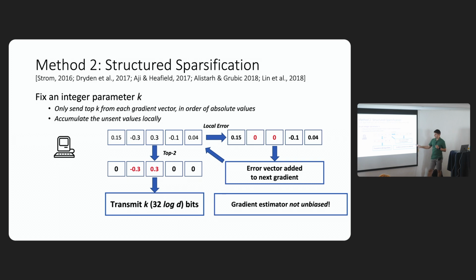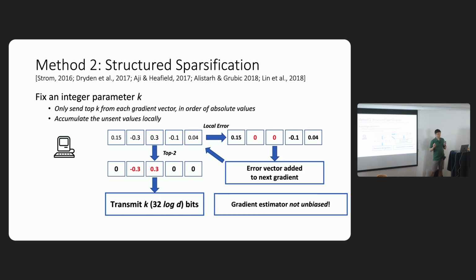This is a different technique from what we've seen so far with quantization, because for quantization, in expectation, I was always doing the right thing. I could get a noisier version, but the expected value of the gradient I was sending was the correct value. But here, because I'm completely truncating some values, this is like a different vector, and its expected value is no longer the correct one at all, which is why this memory mechanism is necessary.